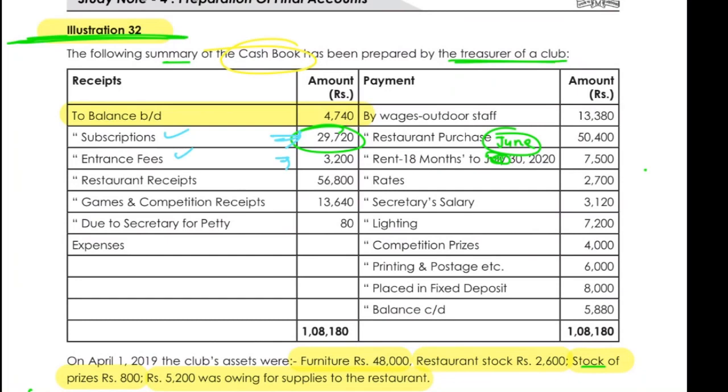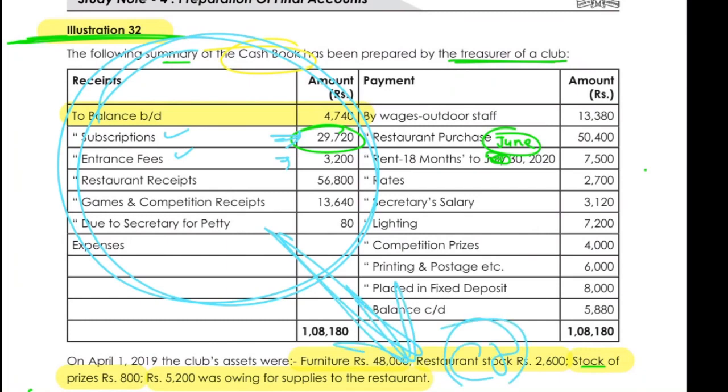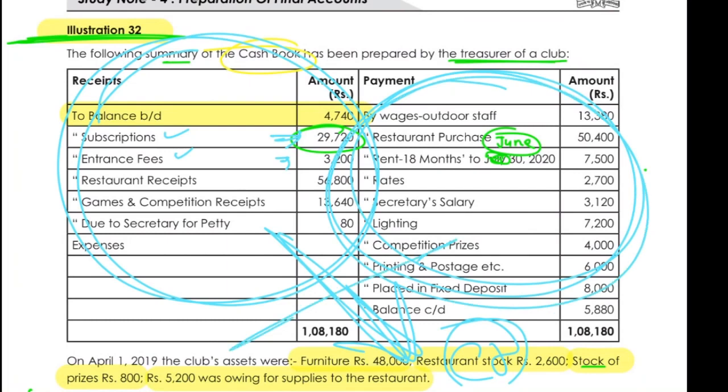So whenever you will have such entrance fees, this is part of your income and expenditure account. You can write it on the credit side of your income and expenditure account. See, everything which is on the receipt will go to the credit side of your income and expenditure account, and whatever is on your debit side will go to the debit side of the income and expenditure.